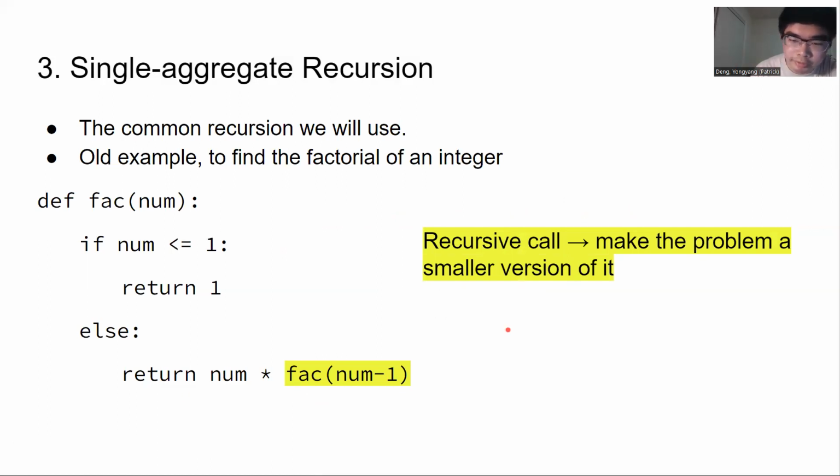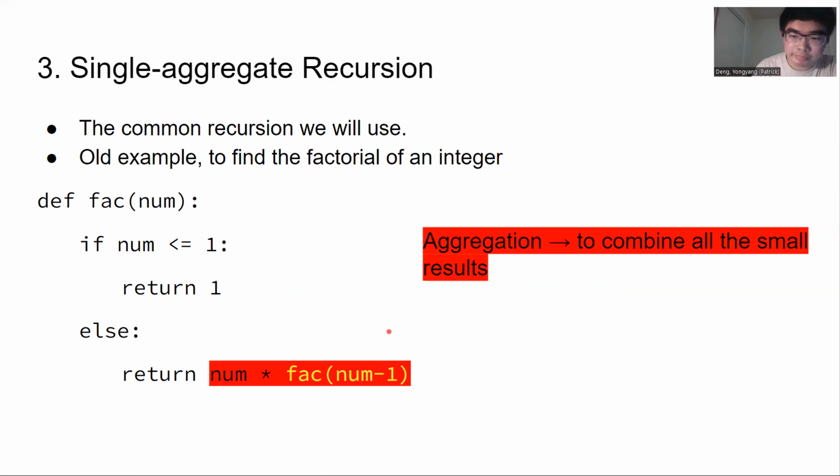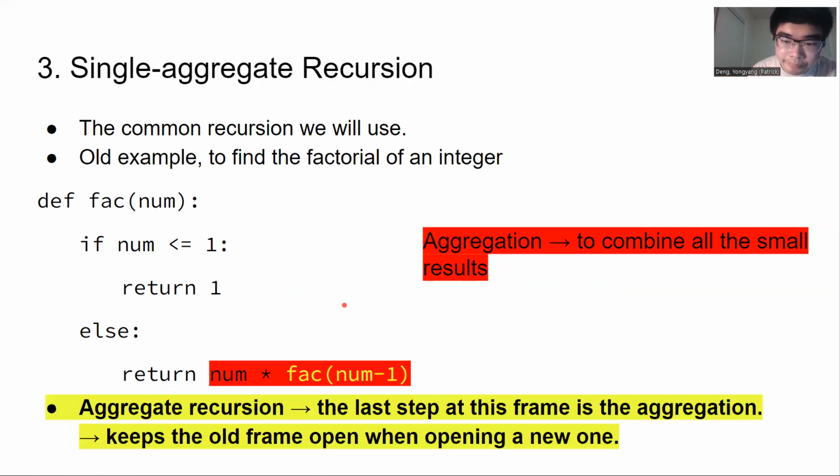The recursive call makes the problem a smaller version of itself. And then this is the aggregation to combine all the smaller results together. In aggregate recursion, the last step of the frame is the aggregation.